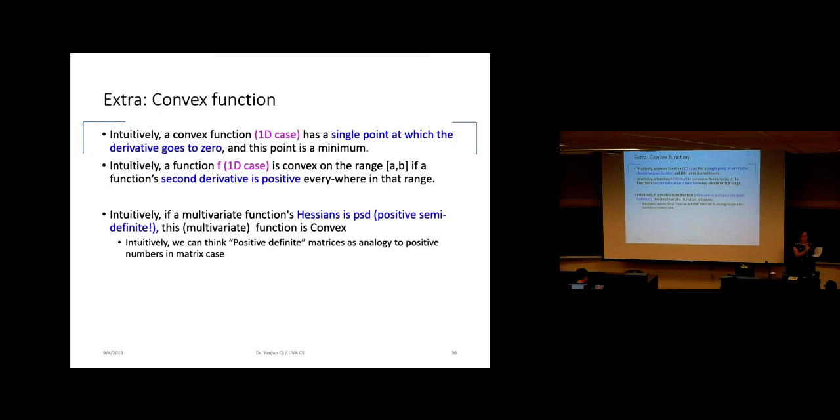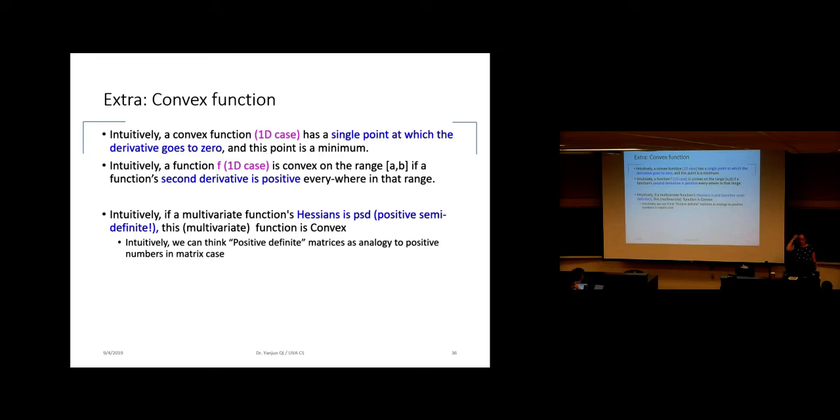You can all get it from the slides in lecture 2, where it's much more clearly explained. So this is totally extra, for those of you who want to learn it. A convex function has a single point at which its derivative goes to 0, and this point is guaranteed to be a minimal point.